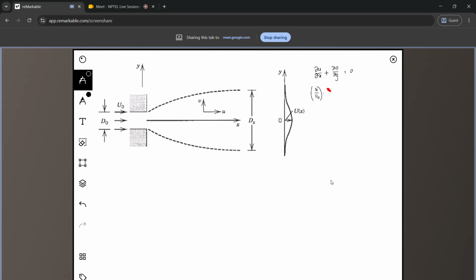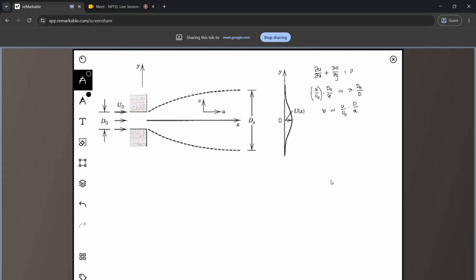X will scale as x by d naught. So I'm writing it as d naught by x. This should be the same order of magnitude as del v del y. We have v scaling as something divided by d naught by y. Instead of y, I'll write it as d. So from this, we get v scaling as u by u naught times d by x. This is the scaling for v.